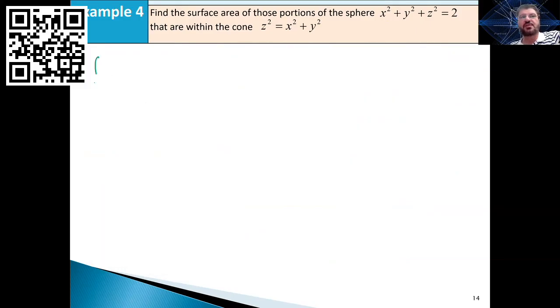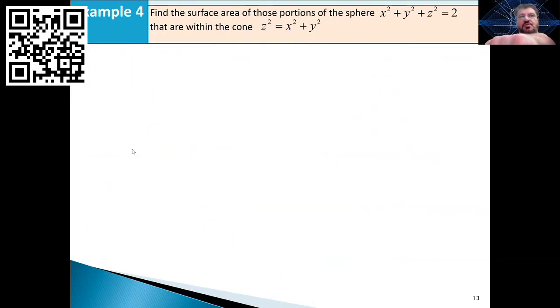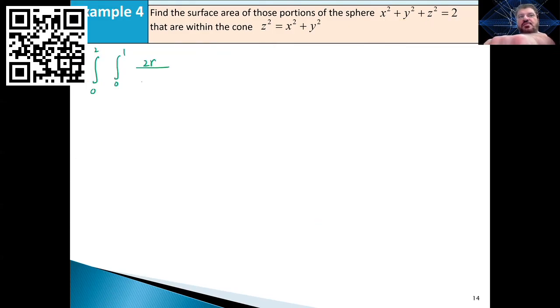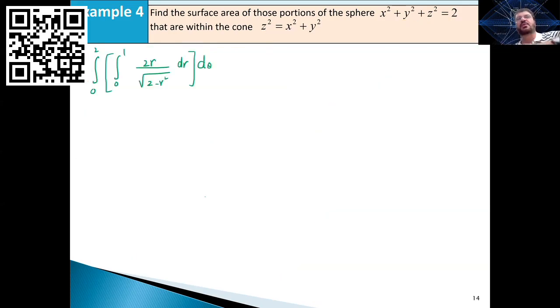So we have the integration from 0 to 2 pi, integration from 0 to 1 of 2r on the top over square root of 2 minus r squared dr, and then d theta, and we are dealing with the inner one. Let's see what we have. Oh, yes, this is what we have exactly.